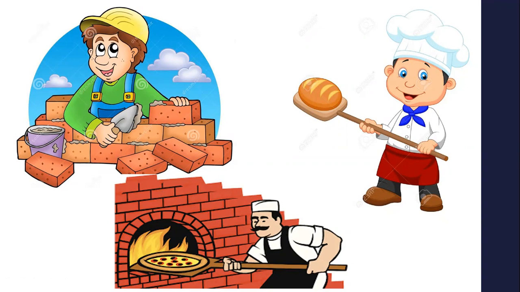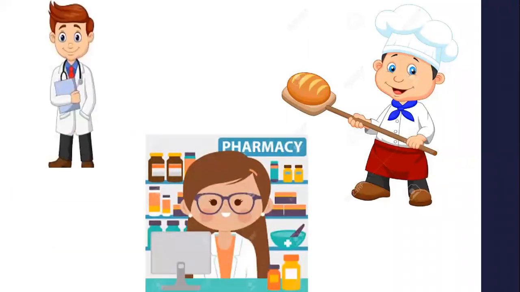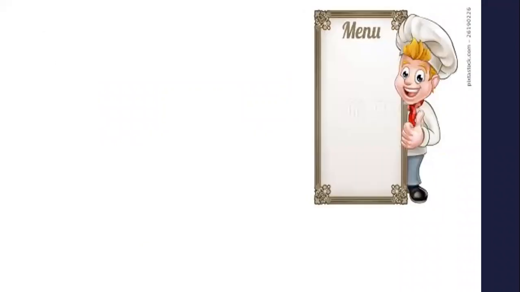Now think with me. What if the baker gets sick? Who can give him medicine? Very good. Doctor or pharmacist? What if the baker wants to print an advertisement or a menu? Who can help him? Great.